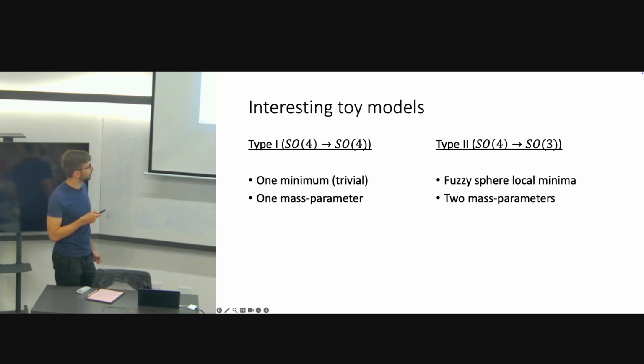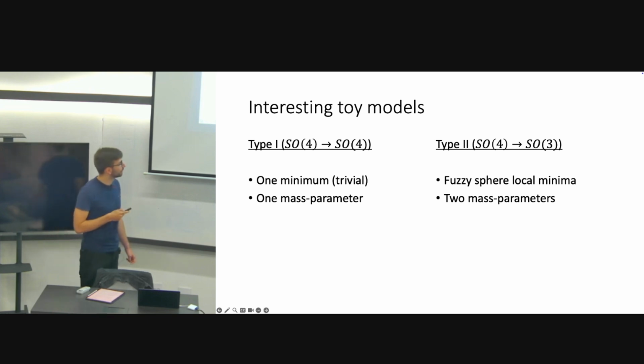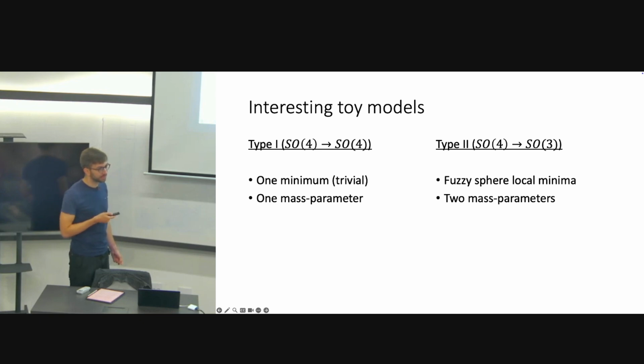The one that breaks SO(4) down to SO(3) has fuzzy sphere minima, like the polarized IKKT model, and it has 2 mass parameters. So it's even richer than the polarized IKKT, with one more parameter. So this looks like a very nice toy model for polarized IKKT. It has the same features, also fuzzy sphere saddles, and all that.